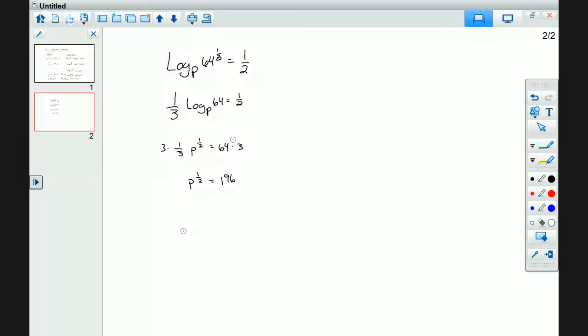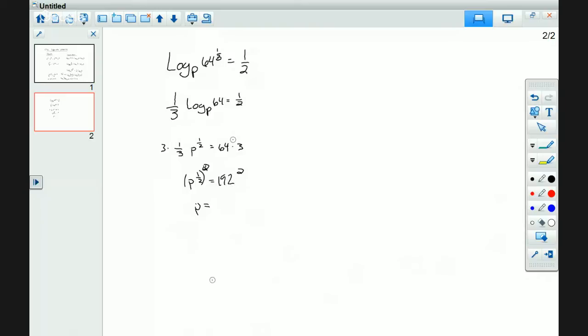No, this would be squared now. Something doesn't look right. So P would be some really large number, right? Oh, it's 192? Oh, it is. How about that? I'm pretty sure that popped up.